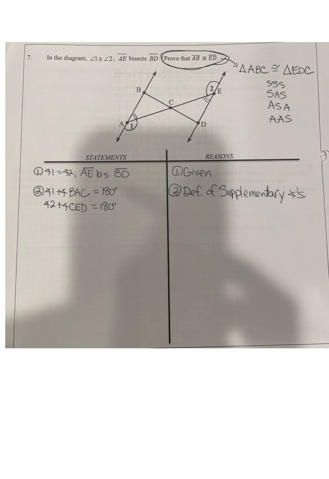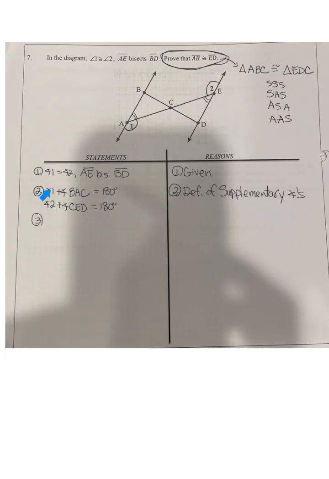All right, step 3. Now, let's think about this. We already know these guys are equal, right? And certainly 180 is equal to 180. So that means these guys have to be equal. So let me just give you a for instance.